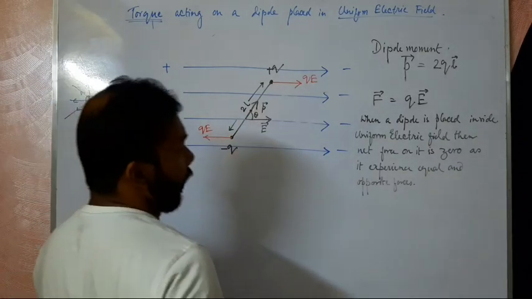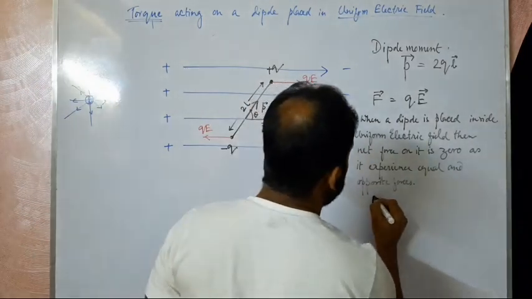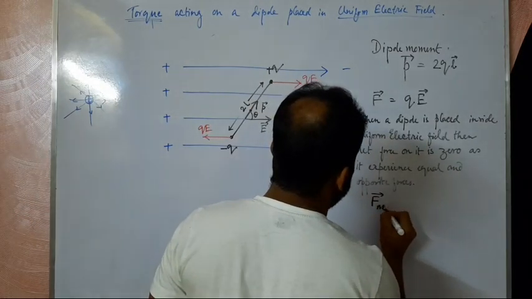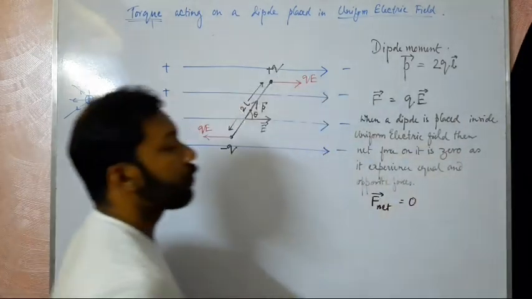So, due to these equal and opposite forces, net force F net is 0.